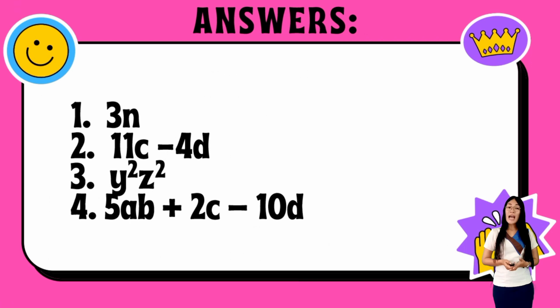Okay, now the answers are: number 1 is 3n, number 2 is 11c minus 4d, number 3 is y squared plus z squared, and number 4 is 5ab plus 2c minus 10d. I hope that you get a perfect score or 3 over 4.